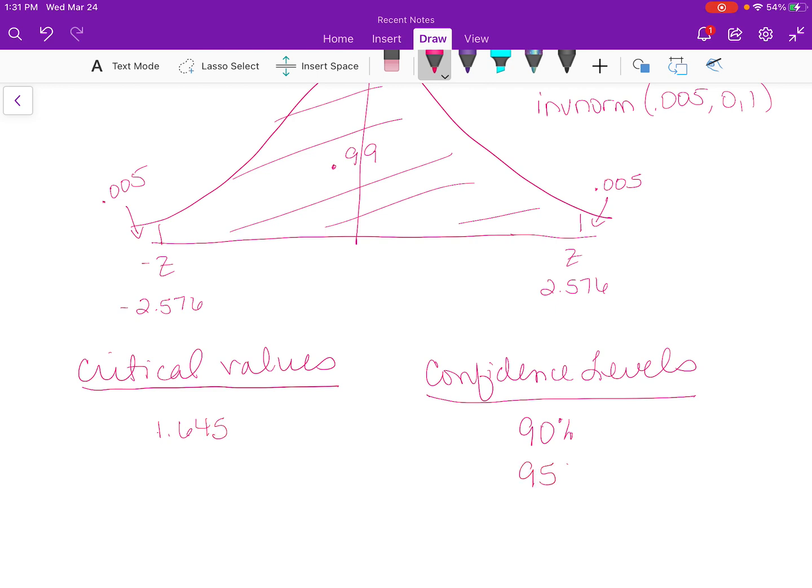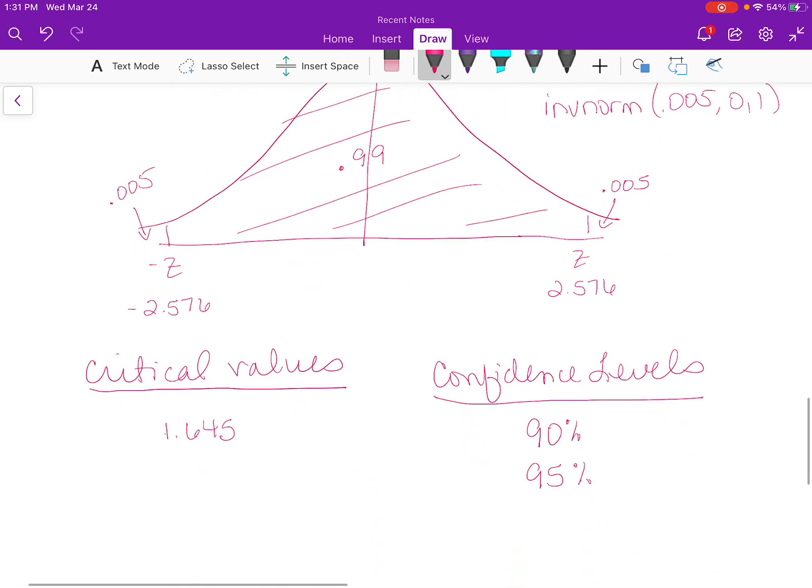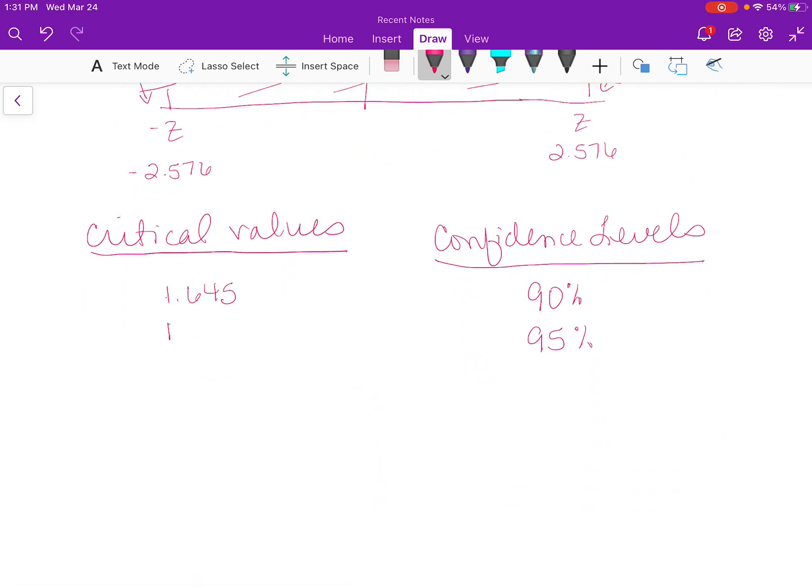When it was 95%, our critical value was 1.96, and when it was 99%, our critical value was 2.576. And these are going to be common Z sub C or critical z-scores for these 3 specific confidence levels that will be used over and over again.